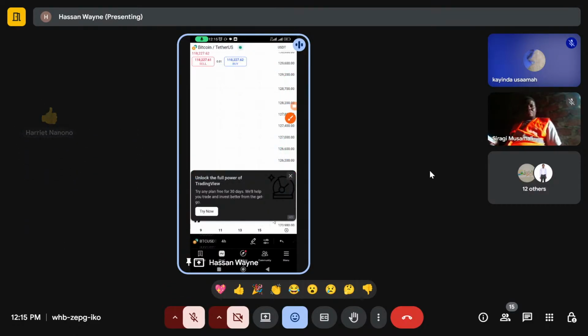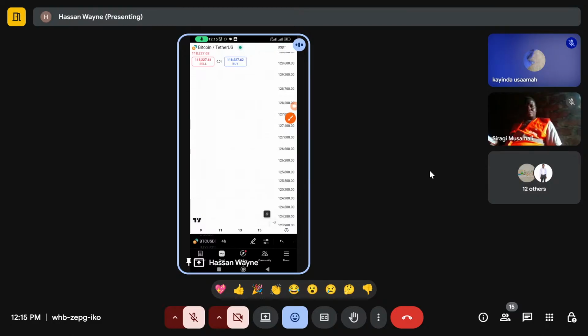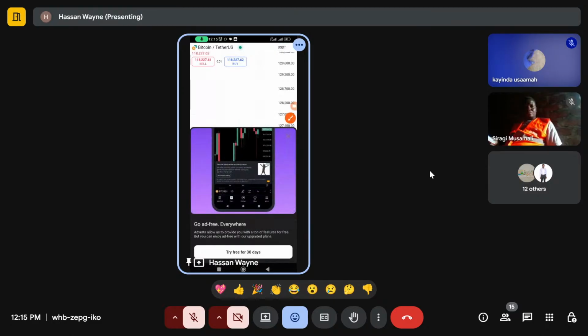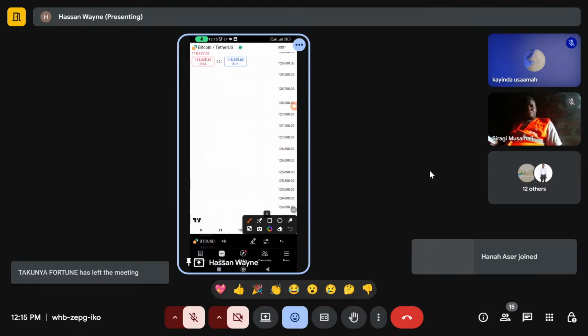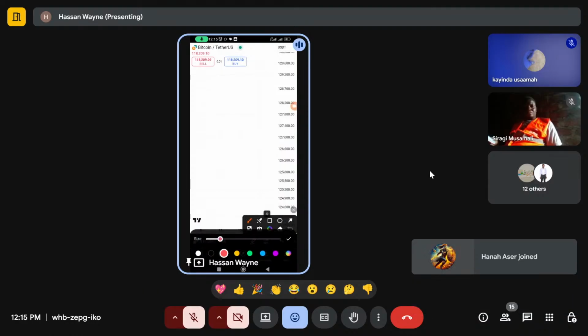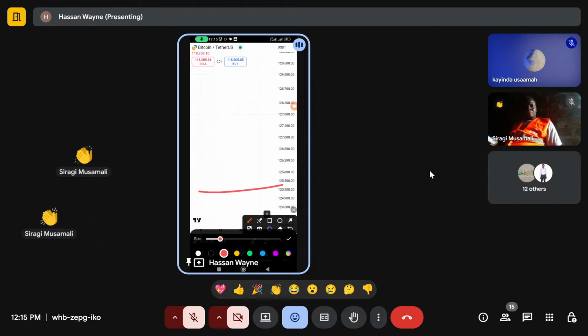Let us look at the evening star. I told you, a morning star is always formed at support level. So this evening star is always formed at resistance.